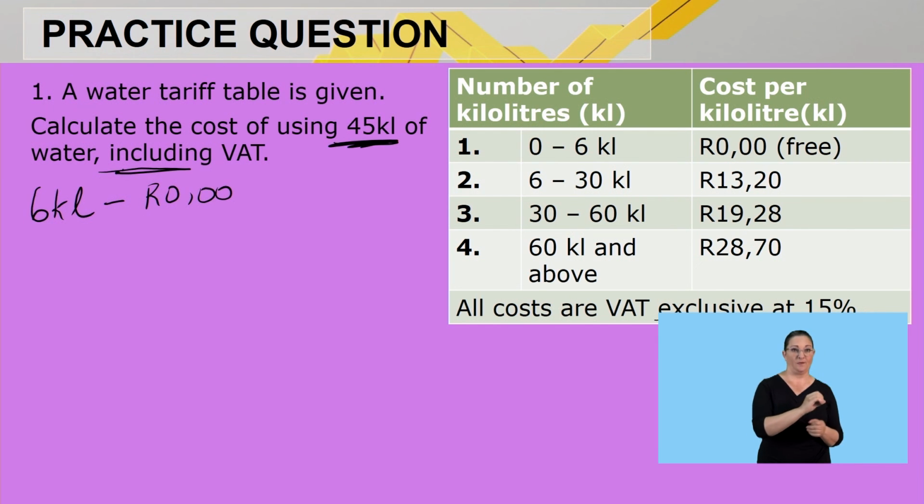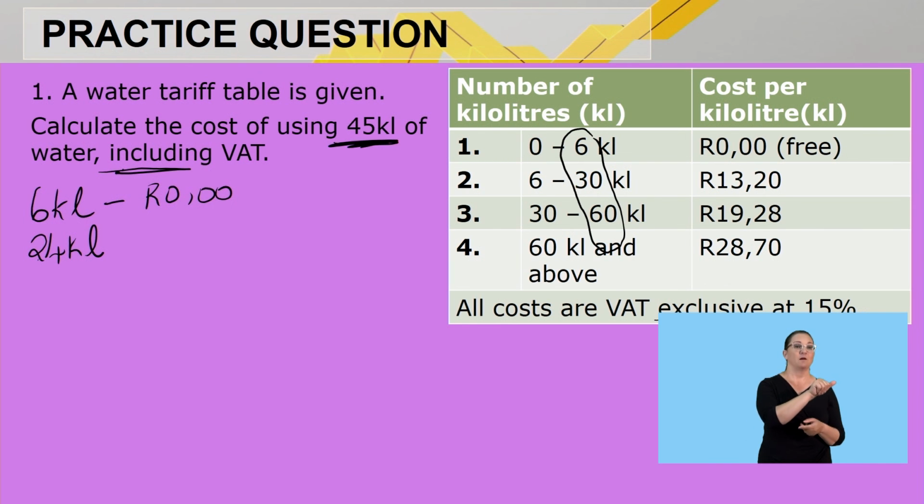Then you go to block number 2. When you get to block number 2, you say 30. Remember, we have said we only concentrate on the numbers on our right. You say 30 minus 6, so it will give you 24 kiloliters. So you write that down. This is our 24 kiloliters. So when we are adding these two, 6 plus 24, it gives you 30.